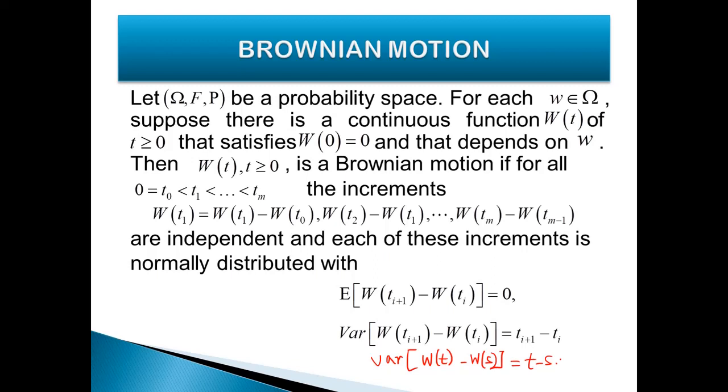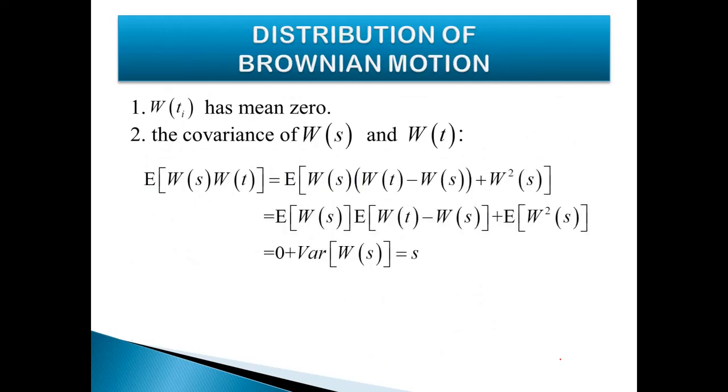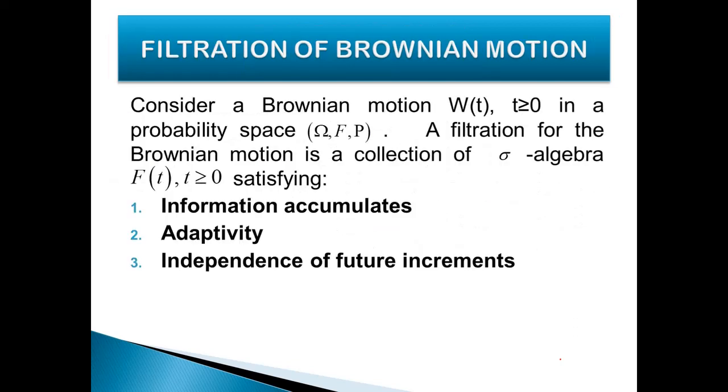When we define the Brownian motion from the scaled symmetric random walk, we will check all the properties. So far we checked for the scaled symmetric random walk, namely the quadratic variation and the martingale property. The martingale property, the proof is exactly similar.